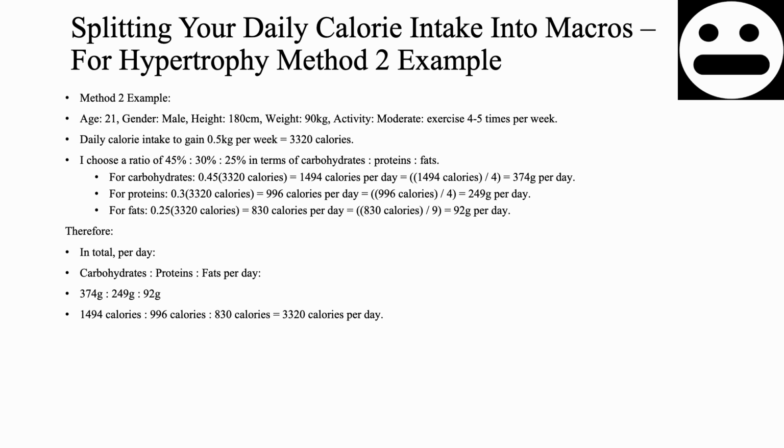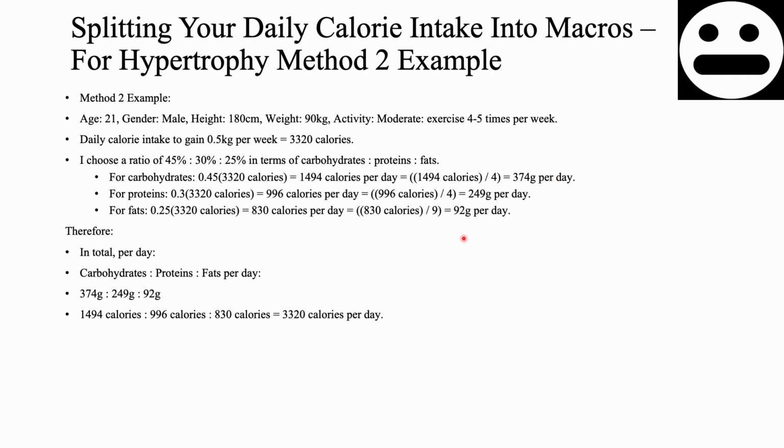Here is the method 2 example. So we're using the same parameters: 21, male, height 180, weight 90, activity moderate, calorie intake to gain 0.5 kg per week. We're bulking here, 3320 calories per day. So we chose a ratio of 45% to 30% to 25% of carbs, proteins, and fats.